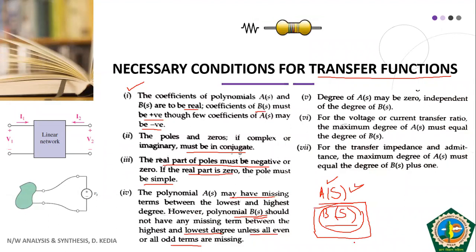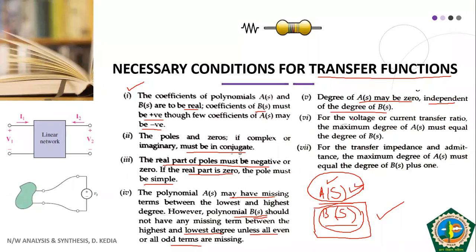They are applicable as is on bs, whereas these conditions are relaxed in some way for the numerator part of the transfer function. Try to understand that. Then the degree of as may be 0 independent of the degree of bs. So this thing is also relaxed here.